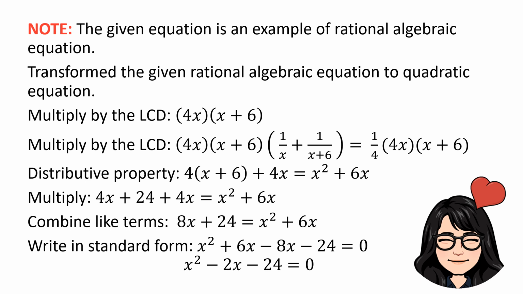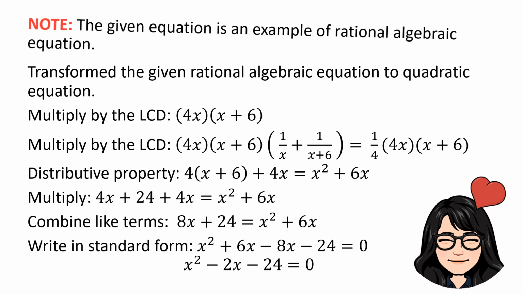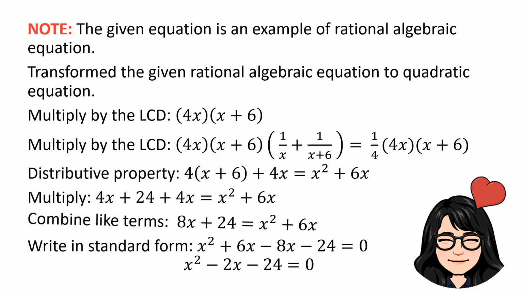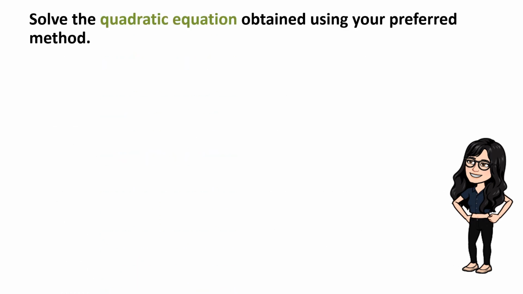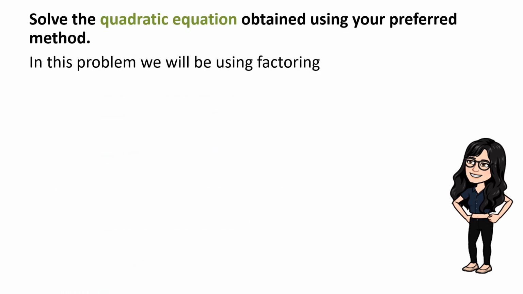Write in the standard form. So we have x squared plus 6x minus 8x minus 24 equals 0. That will give us a quadratic equation of x squared minus 2x minus 24 equals 0. Solve the quadratic equation obtained using your preferred method.